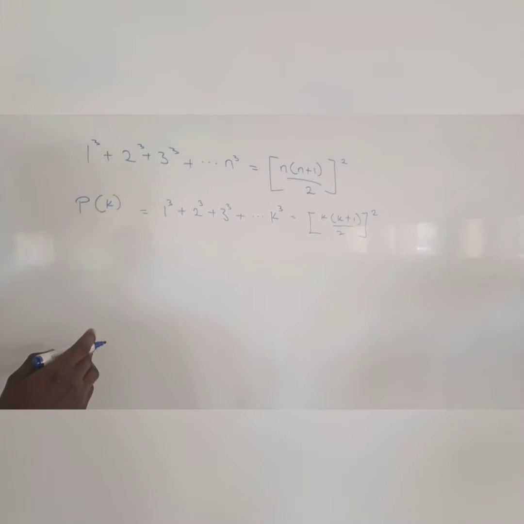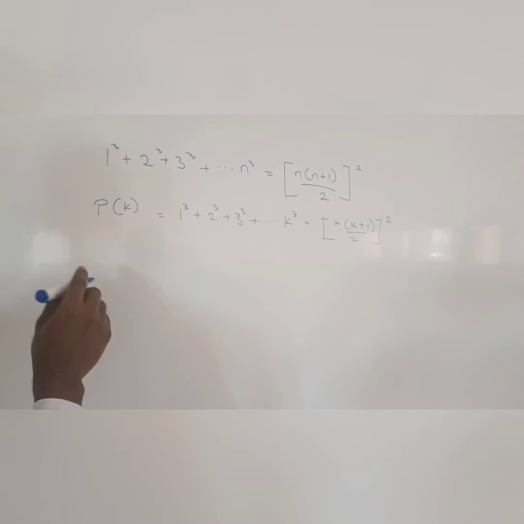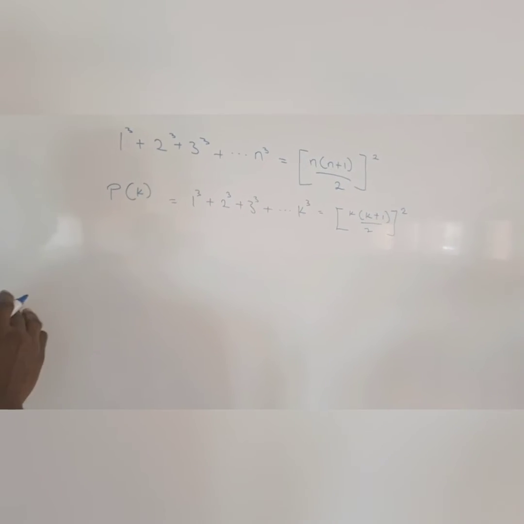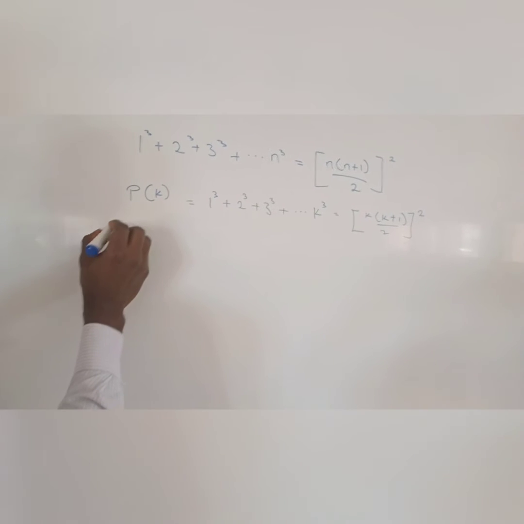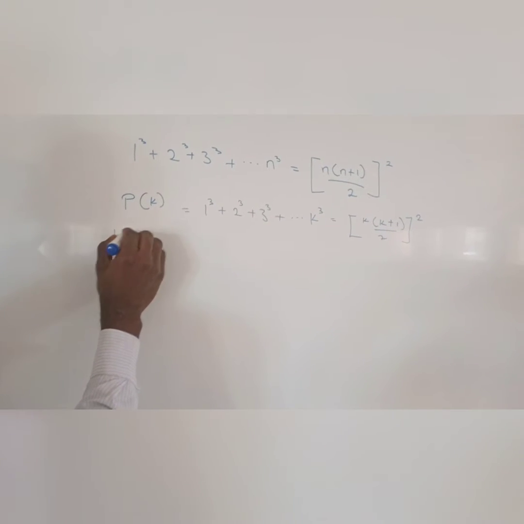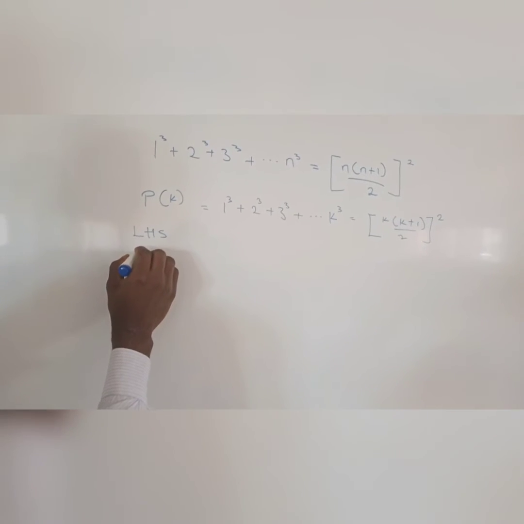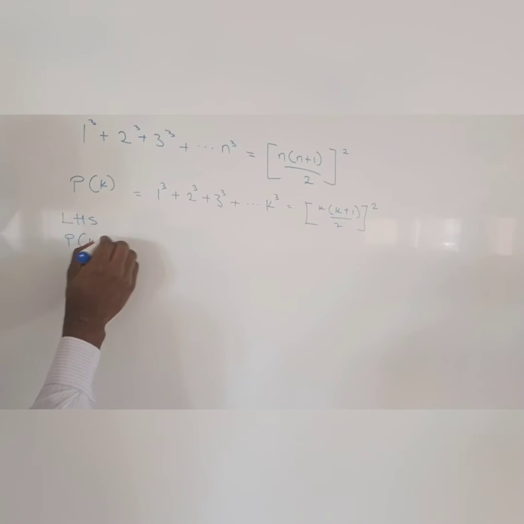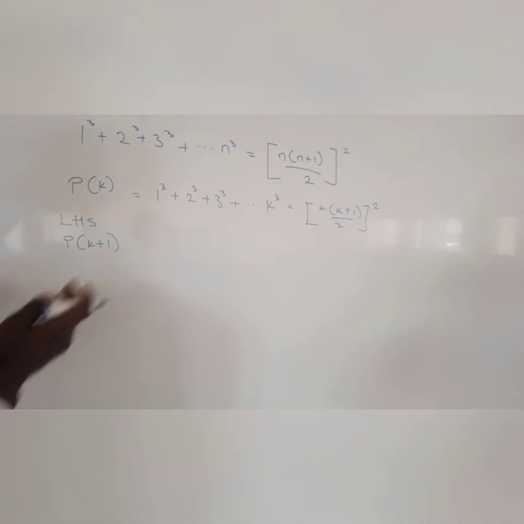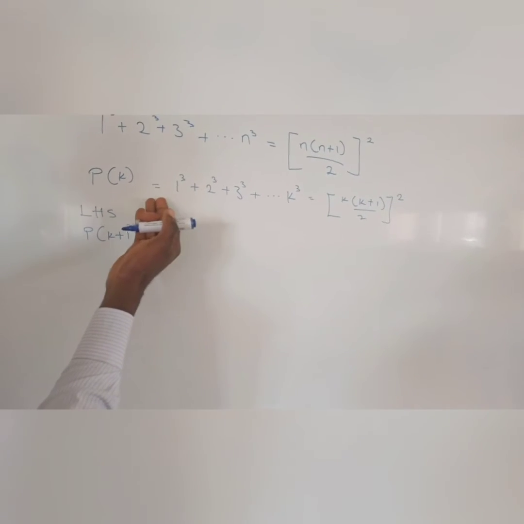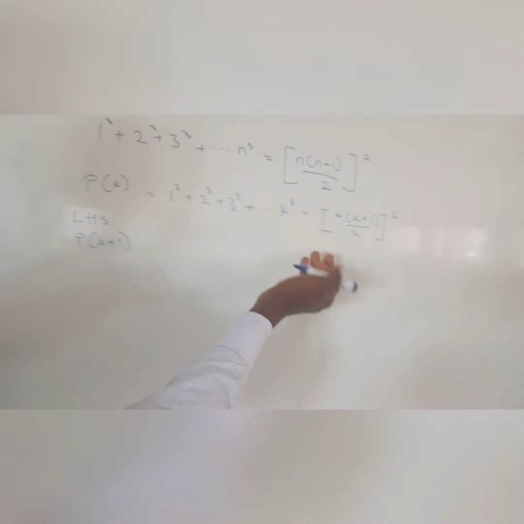Now for the inductive step, we have to solve for both the left hand side and the right hand side. And solving for the left hand side, we have P of k plus 1. Now from this statement, it means the sum of all these is equal to this.